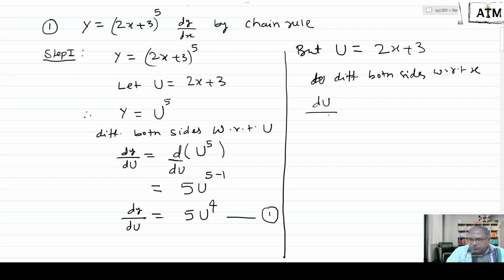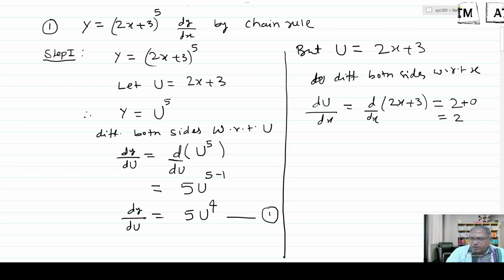So we write du by dx equals differentiation of 2x plus 3 with respect to x. Derivative of 2x is 2 and 3 is a constant, therefore derivative of 3 equals 0. That is 2 plus 0, that is equal to 2.